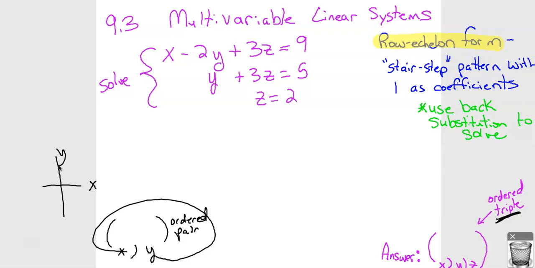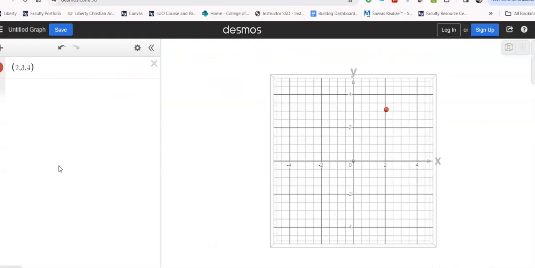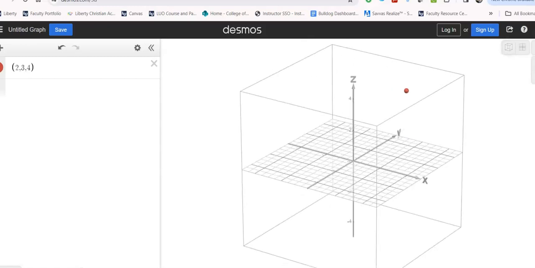Well, we live in a three-dimensional world. Normally here's my x, y graph. I go over 2 and up 3. That's the point (2, 3). But in a three-dimensional world, it actually has a z coordinate, so x, y, and z. So you go over 2, up 3, and then you go up on the z-axis 4.